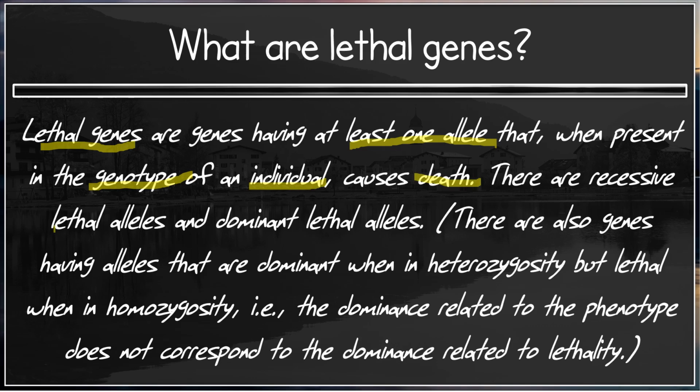These are recessive lethal alleles and dominant lethal alleles. There are also genes having alleles that are dominant when in heterozygosity, but lethal when in homozygosity. For example, the dominance related to the phenotype does not correspond to the dominance related to lethality.